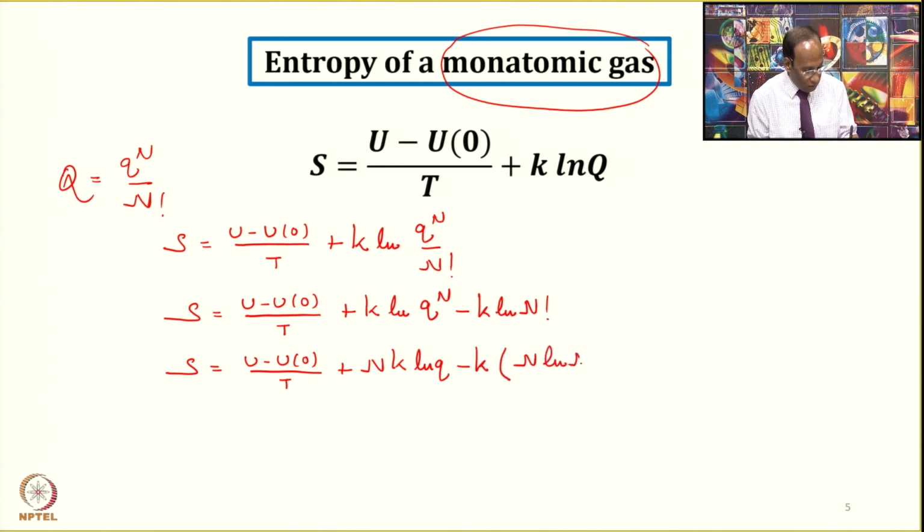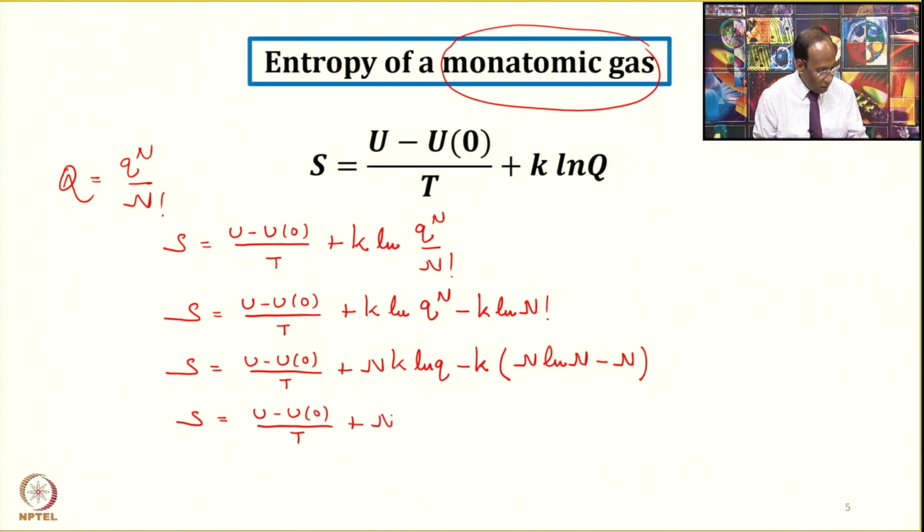I can use Stirling approximation, N log N minus N. Let us take further: U minus U0 by T plus Nk log q minus Nk log N plus Nk.